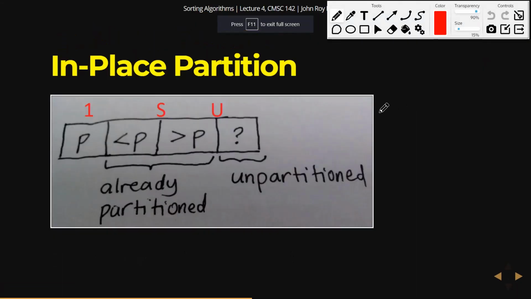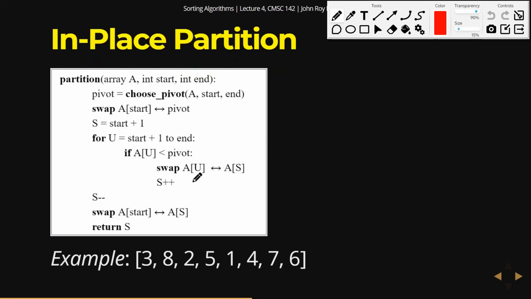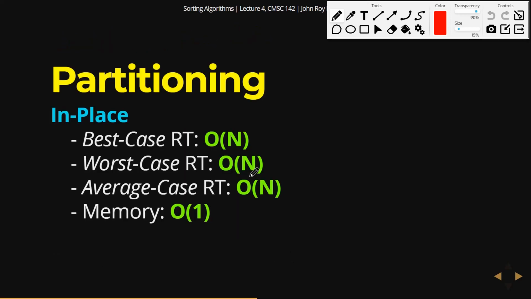So it will look something like this. The pivot would be placed at the first item, less than pivot is 2 to s, then greater than pivot from s to u, and then u up to the end are the unpartitioned ones. So this is just what it does basically. So it's possible to do the partitioning in place, so it's still O of n, but you don't take extra memory. So O of 1 lang ang memory niya.